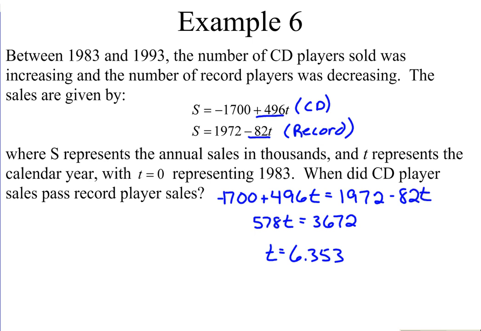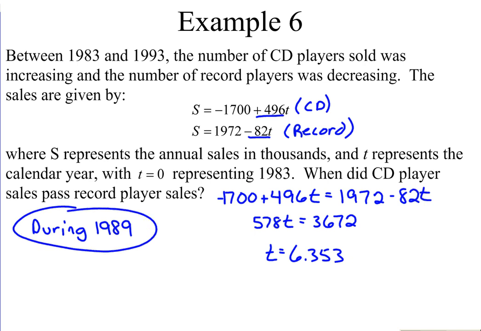That means sometime during that 6th year, CD player sales would have passed record player sales. We know that T equals 0 is 1983. So if I add 6.353 years onto that, we know that sometime during 1989 is when CD player sales passed record player sales.